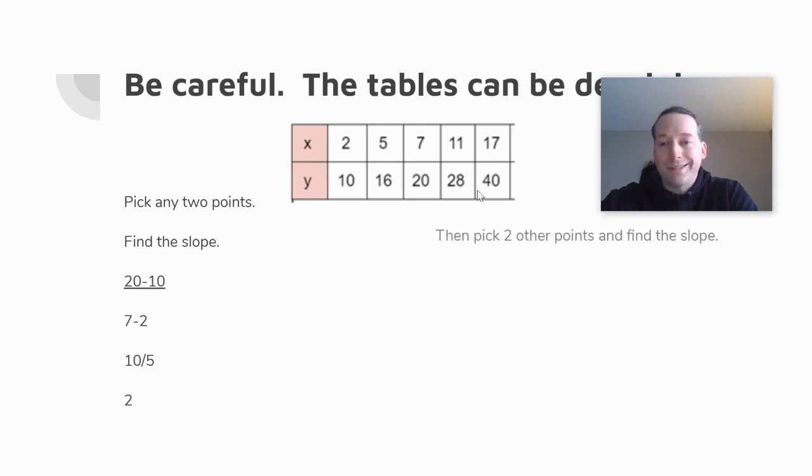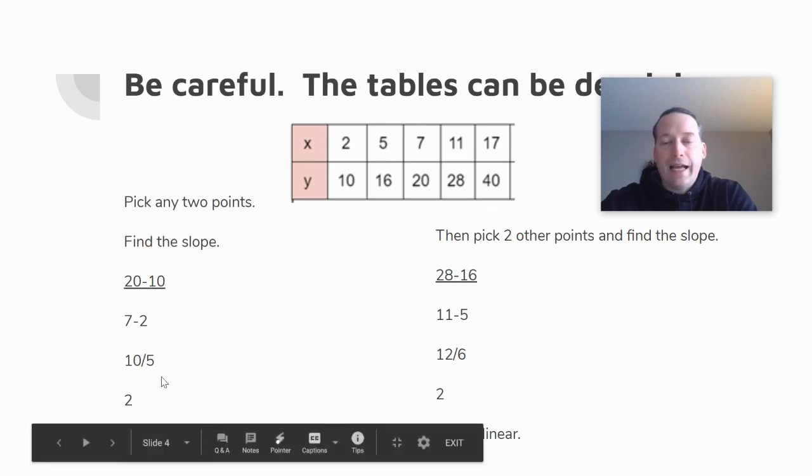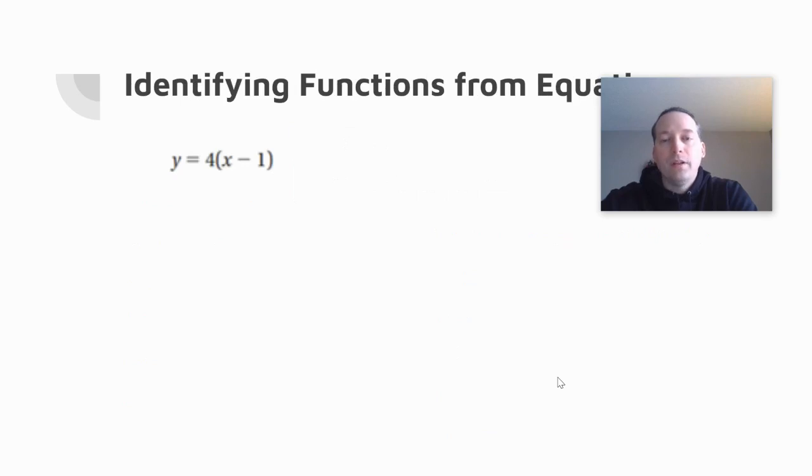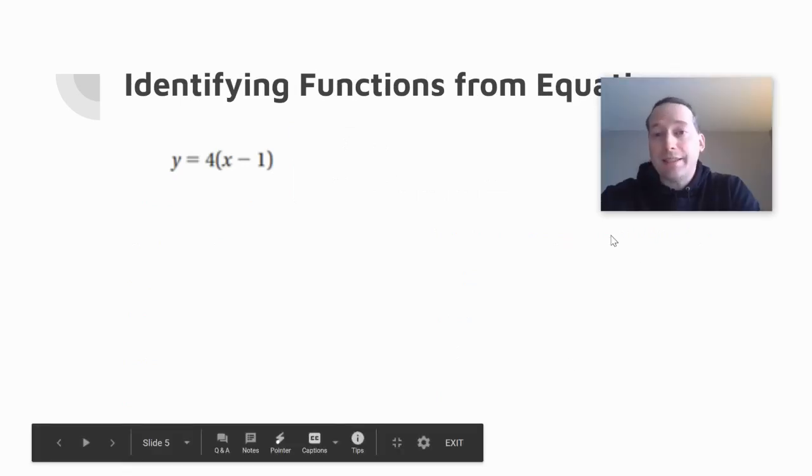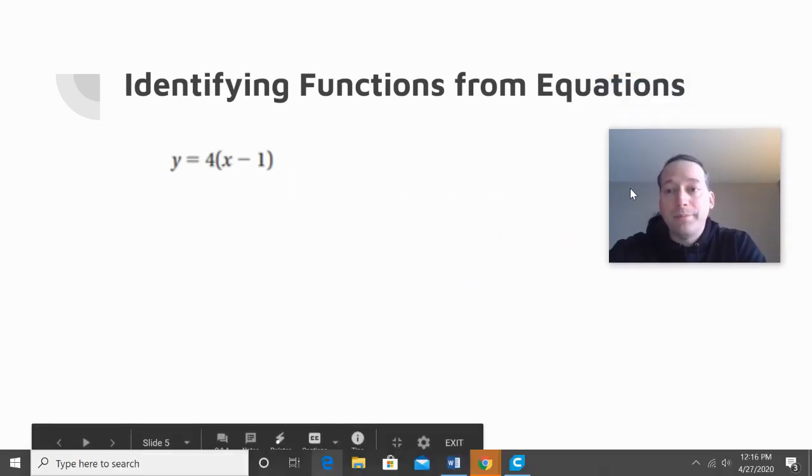Now let me pick 2 totally different points: (5, 16) and (11, 28). 28 minus 16 is 12, and 11 minus 5 is 6, and 12 divided by 6 is 2. Because I picked 2 different points and got the exact same answer, it's linear. If they weren't the exact same number each time, it wouldn't be linear.